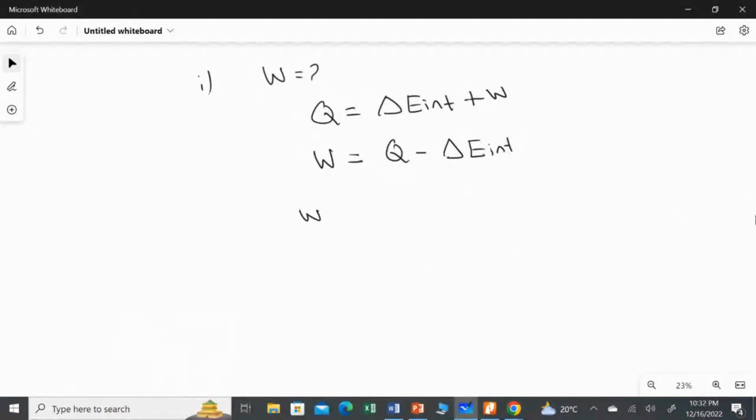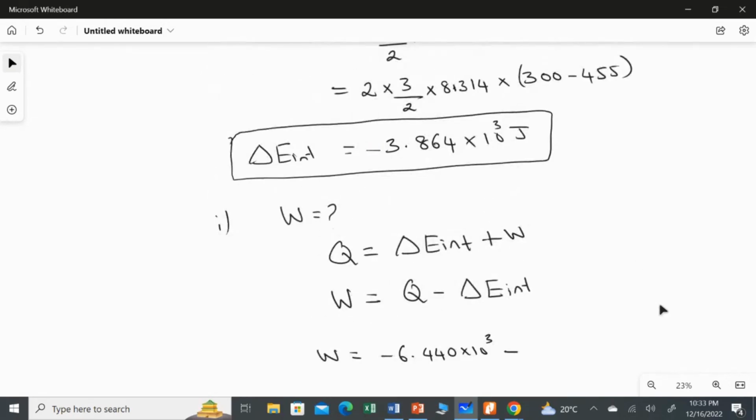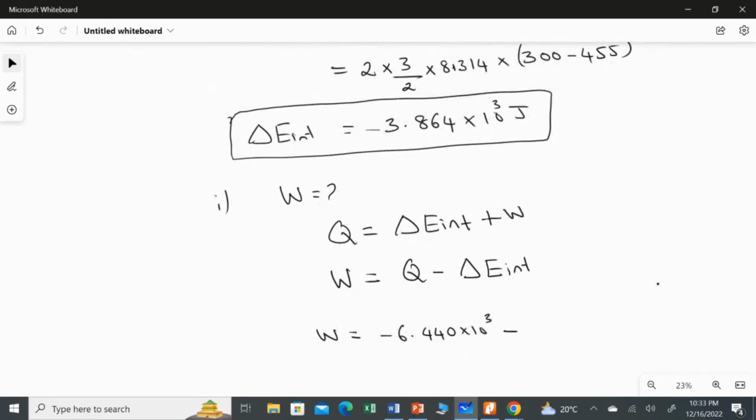So let's see what the answer is. Work done is equal to Q, which takes the value minus 6.440 multiplied by 10 to the power 3, minus the change in internal energy, which is again minus, so I have to write minus 3.864 multiplied by 10 to the power 3.